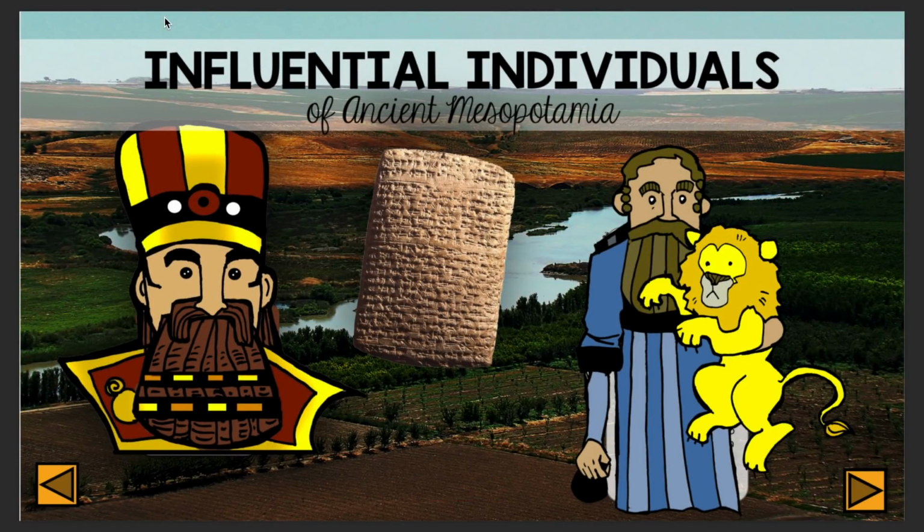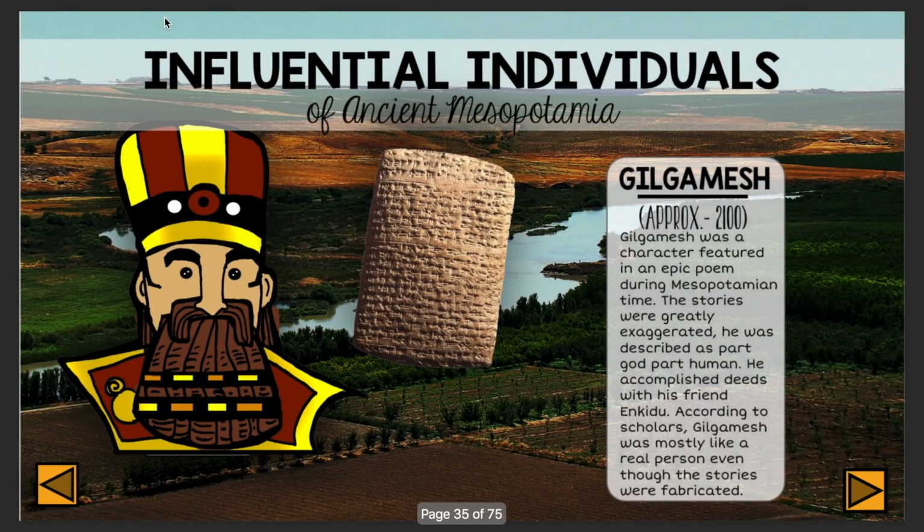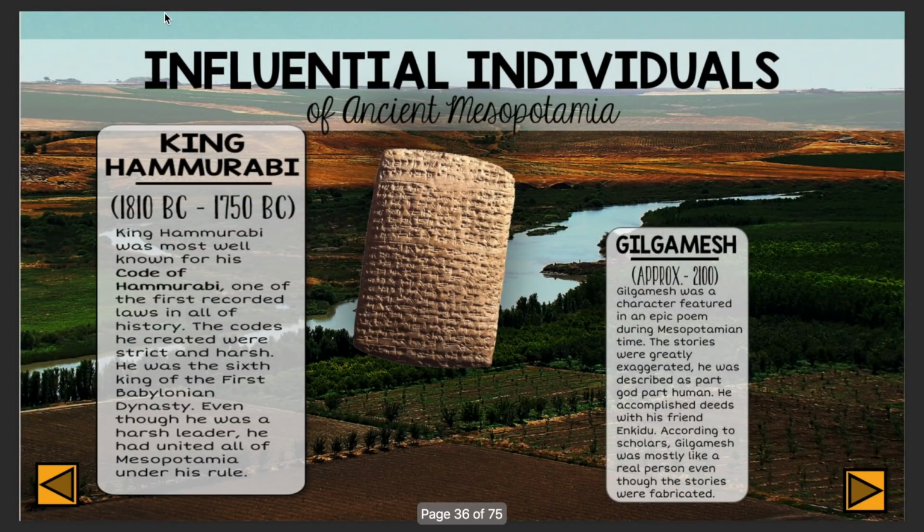We've got some influential individuals. Now there's quite a few, but you've got Gilgamesh, and we're not going to look too closely at him, but there was the Epic of Gilgamesh that was written. It's one of our first epics, which is like a really long poem. Think Beowulf, same kind of thing, but he was very important. And then, of course, we've got King Hammurabi, who's going to be key today.